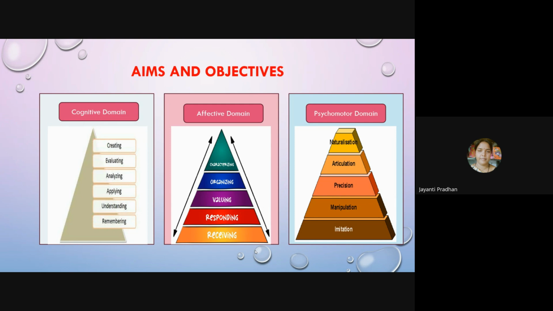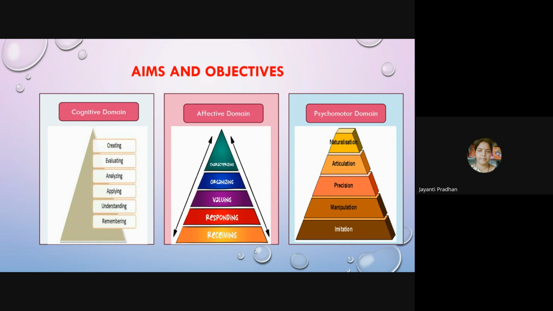Suppose you are liking something, then you are responding toward that particular thing. Then valuing means you are giving importance to those things. Then organizing: you are developing some kind of value system in you and organizing that value system, behaving in that way by considering the values.